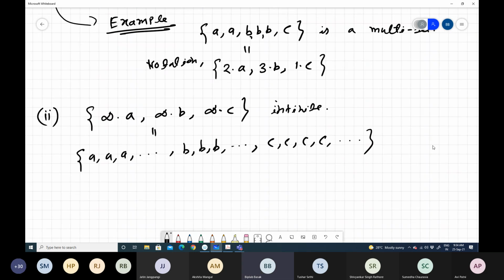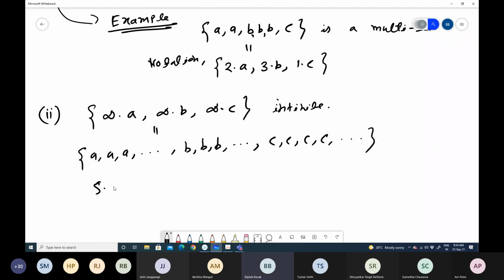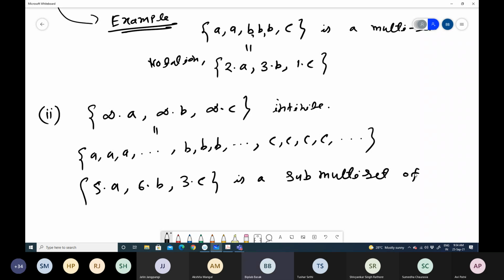Now if we take 5 dot A, 6 dot B, 3 dot C, this is a sub-multiset of the previous multi-set. This is a finite multi-set and that is an infinite multi-set.